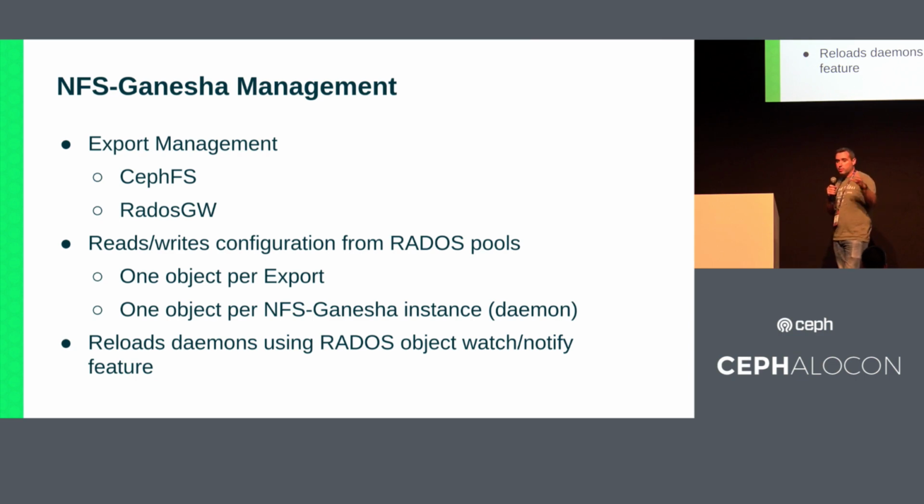What the dashboard does is basically reading and writing these objects. We can also communicate with the gateway by using the librados watch notify interface. We send a notify message to one of those objects which the Ganesha instance is listening to, and with this we can trigger a reload of the configuration. So whenever we change or create an export in the dashboard, we automatically tell the NFS Ganesha instance to reload.